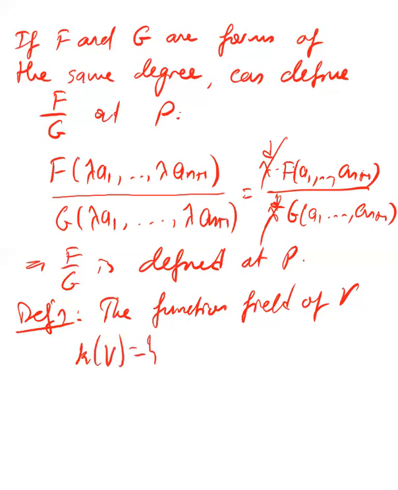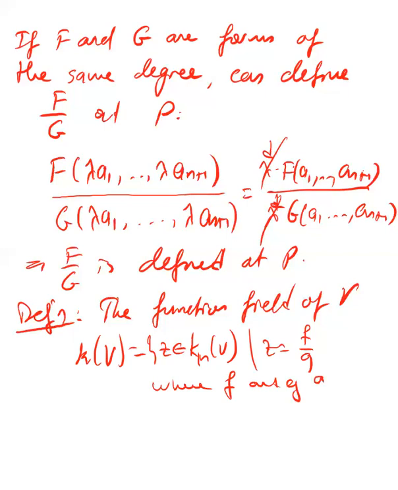These are the points z in K(H V), remember, the quotient of gamma H, such that z is equal to f over g. F is the left coset of some polynomial, g is the left coset of some polynomial, where f and g are forms of the same degree.